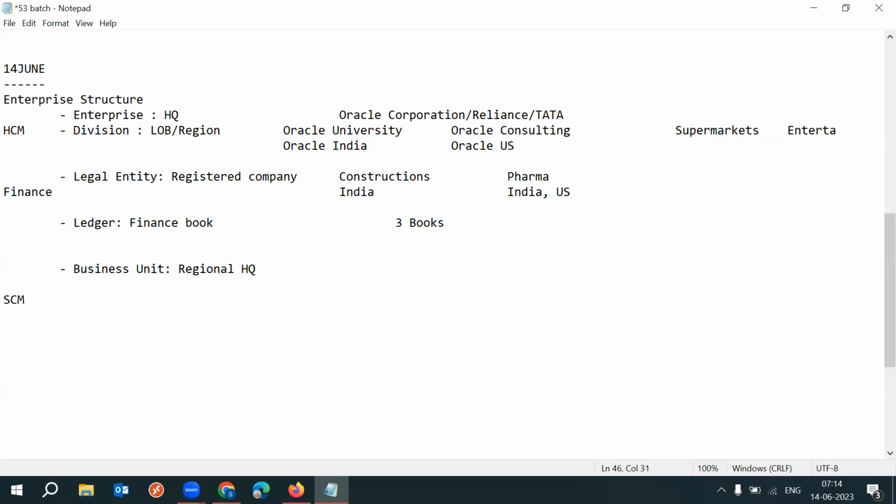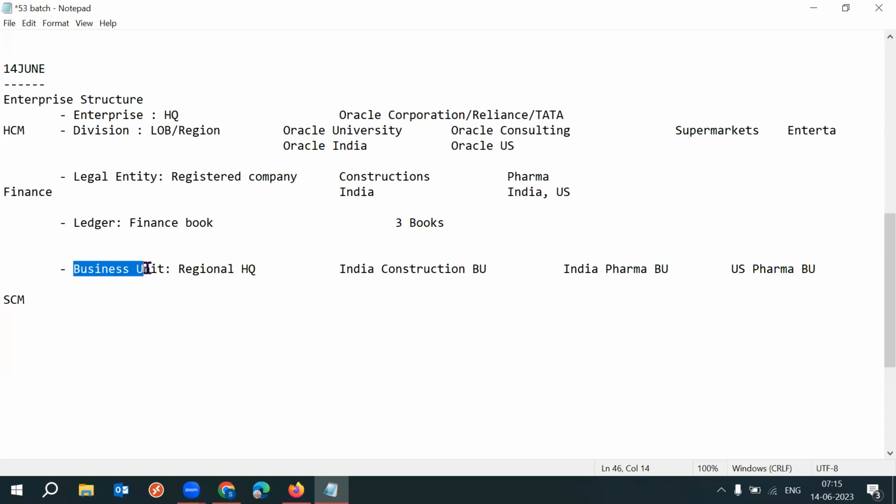So coming to BU, here we have a construction company and a pharma company. So here I create an India constructions BU, and maybe an India pharma BU, and a US pharma BU.